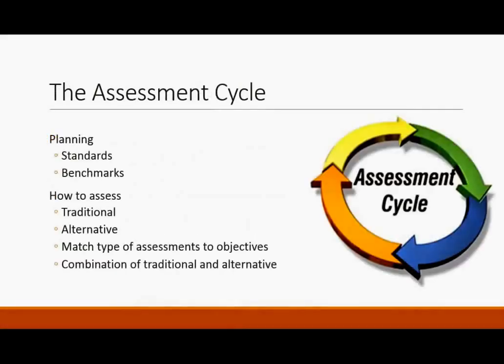The assessment cycle we mentioned earlier involves planning, so that would be setting standards and benchmarks. And then the ideas about how you want to assess. You're going to use traditional, alternative means. You're going to match the type of assessments to the objectives. And then a combination of traditional and alternative is often an option, at least.